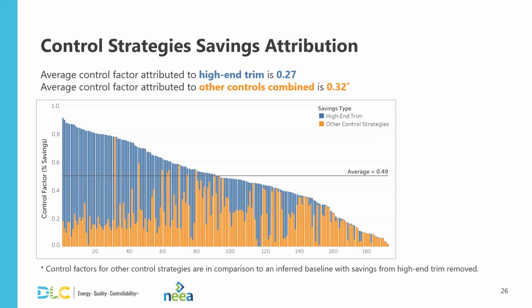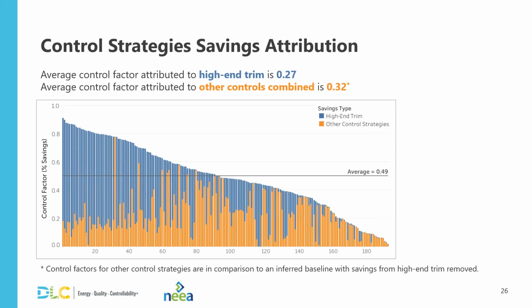And as we can see, in most buildings, HighEnd Trim contributed to significant savings compared to other control strategies. And as noted before, offices, warehouses, manufacturing facilities have the highest savings. And this is largely due to very aggressive HighEnd Trim.